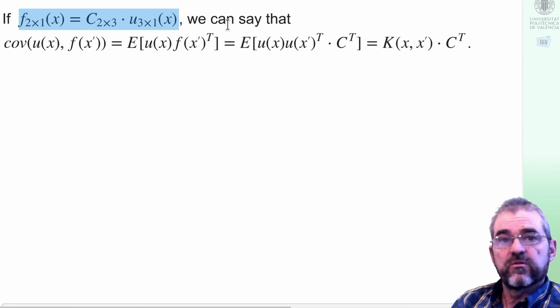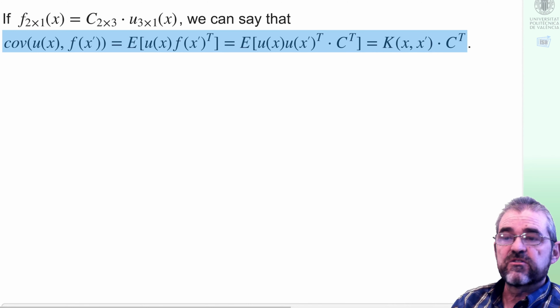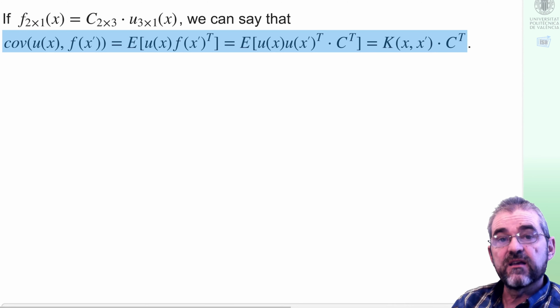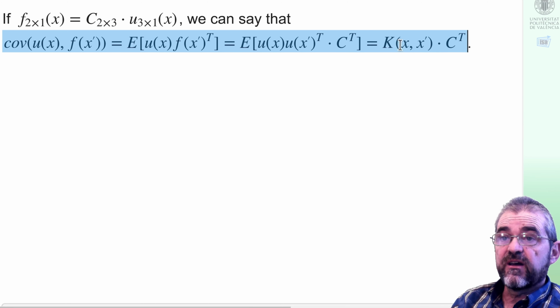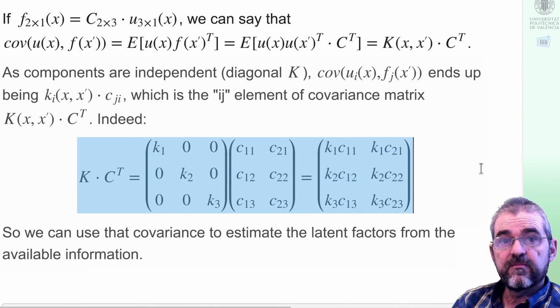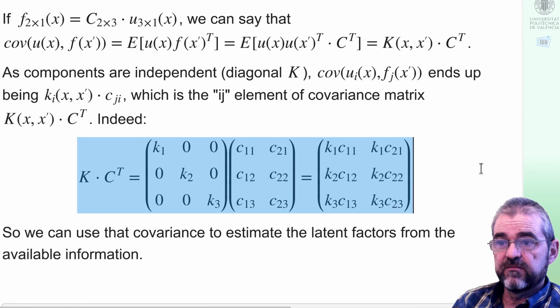If f or y is cu, then this covariance is big K c transposed, as I just wrote with handwriting. And if I now carry out that matrix product, big K c transposed is this thing.